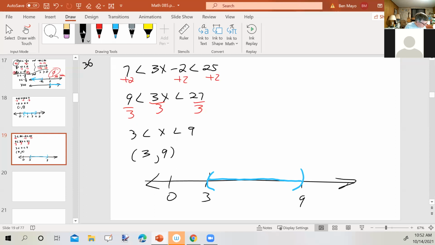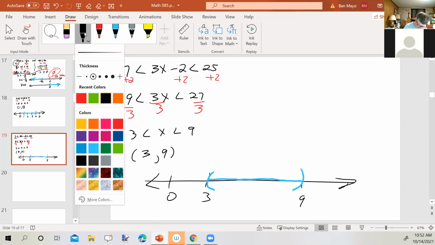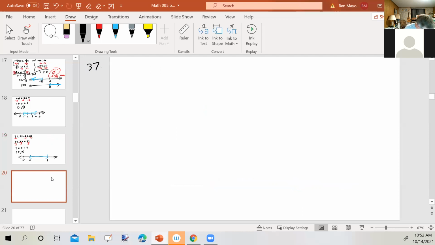All right. So we've looked at some intersections and some double inequalities. Now we're going to look at some union situations. It says solve each compound inequality, graph the solution set, and write it using interval notation.